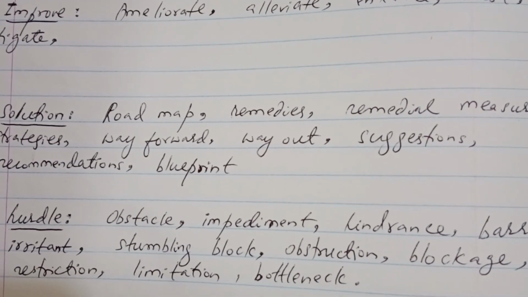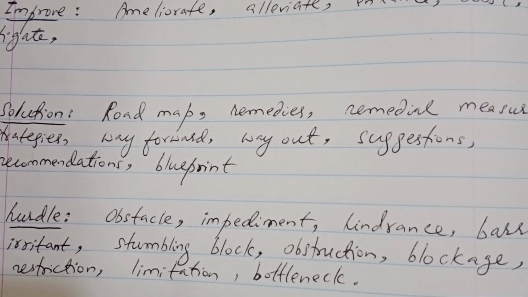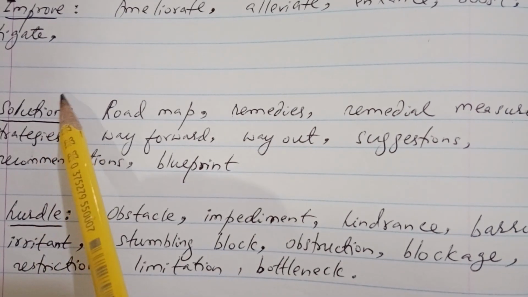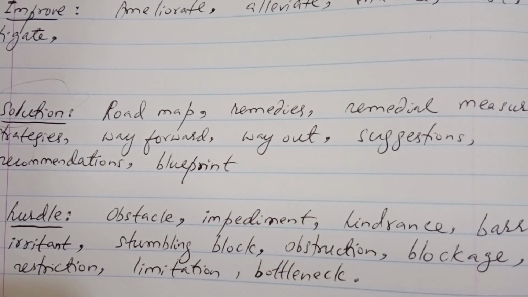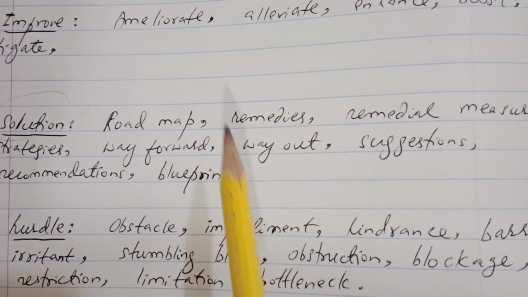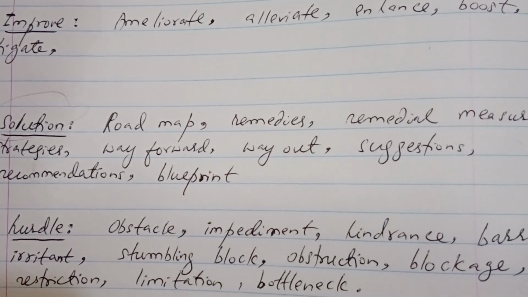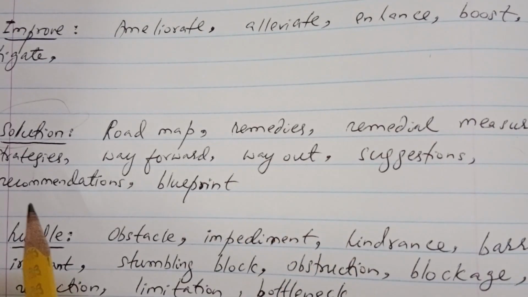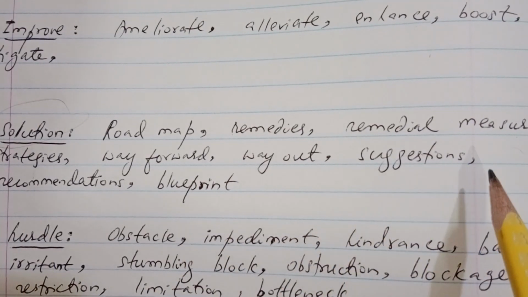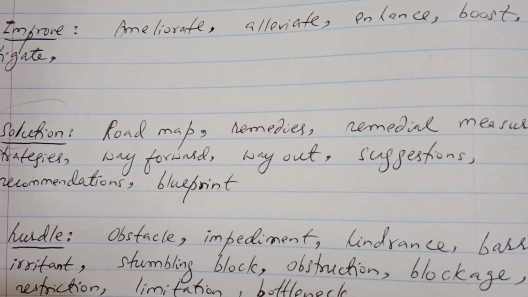I have done my work prior, so you should also do your work prior to going to the examination hall. So what are the synonyms for the word solution? These are some of them: roadmap, remedies, remedial measures, then there is strategies, way forward, way out, suggestions, recommendations, blueprints.